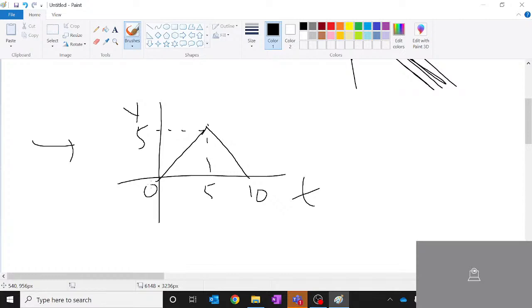If there is a graph of v and t, velocity versus time gives you the area under the graph. This area gives you displacement.